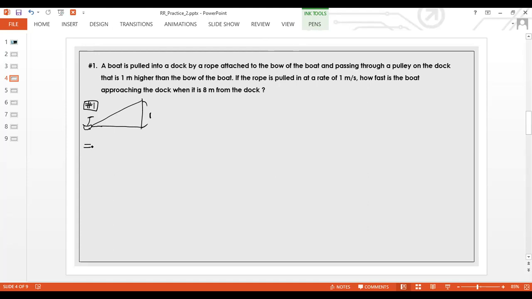Now this is my rope here. Step number 2, remember, we try to find all the known and unknown variables. If this is 1, I can assume this one is x, and the rope here is y. They say the rope was pulled in at 1 meter per second.